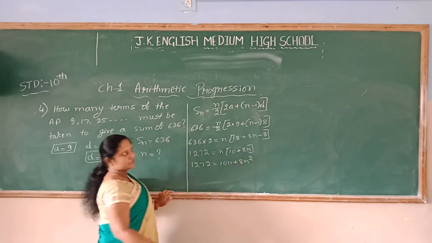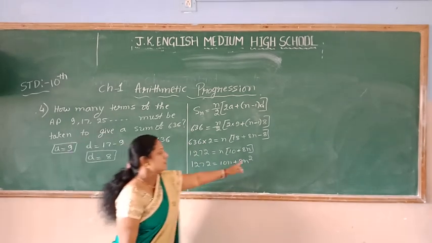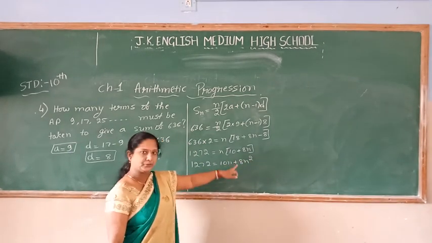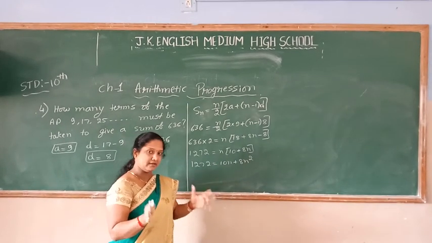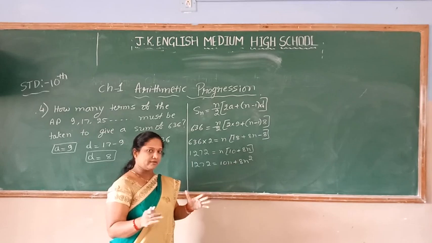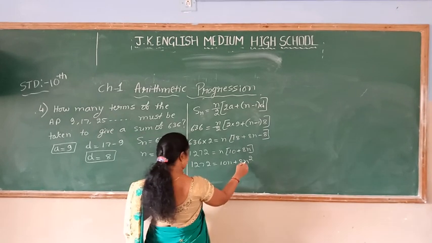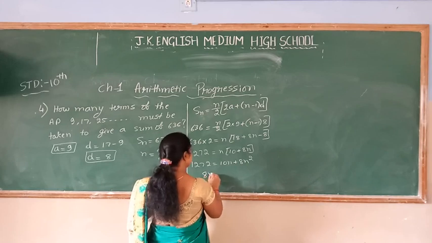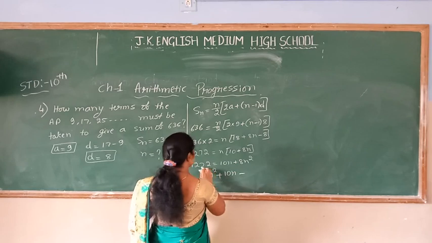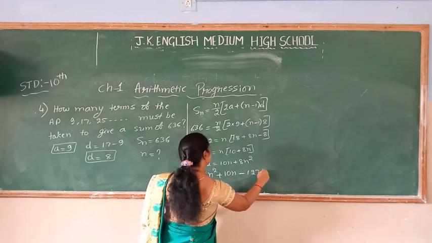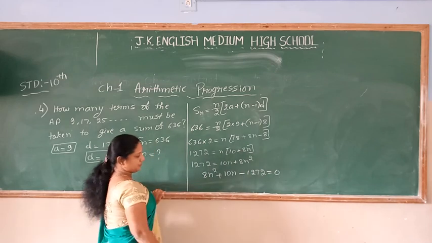So now if I observe this, it is according to the standard form of a quadratic equation: first term with power 2, second with power 1, and the last a constant. I have to arrange properly according to decreasing order of the power, and simplify. First I write 8n square as it is. Next I write 10n minus 1272. I have taken this last constant to this side, so its sign changed.